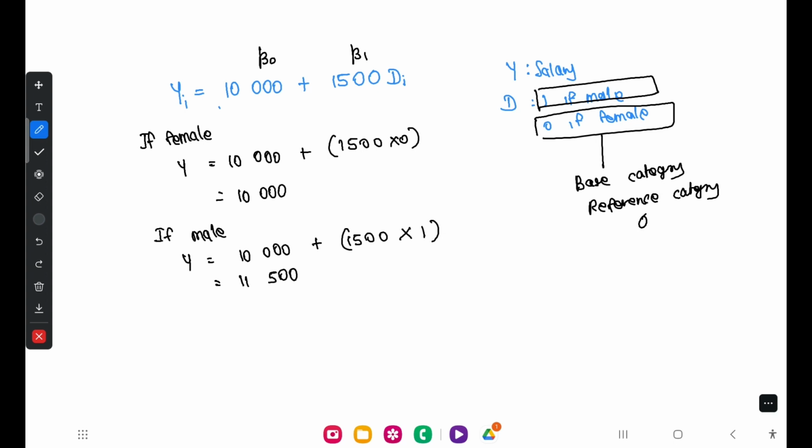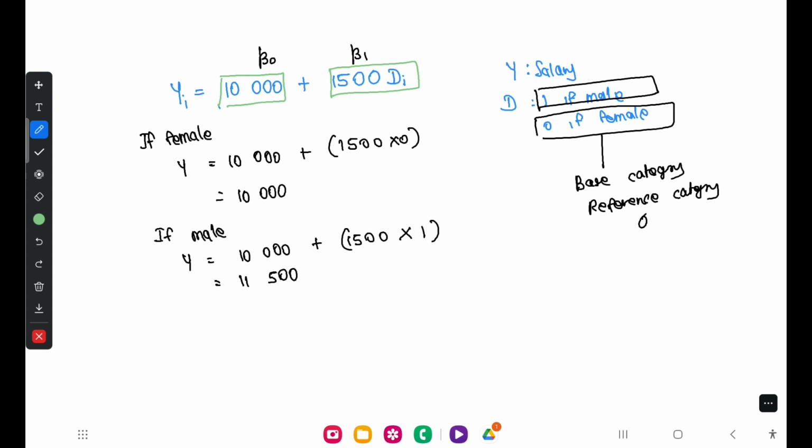And what does this 1500 show? 1500 shows us the increase in wages a male would receive in comparison to a female. A female will receive basically 10,000. If an individual is a male, he will get an additional amount of 1500.